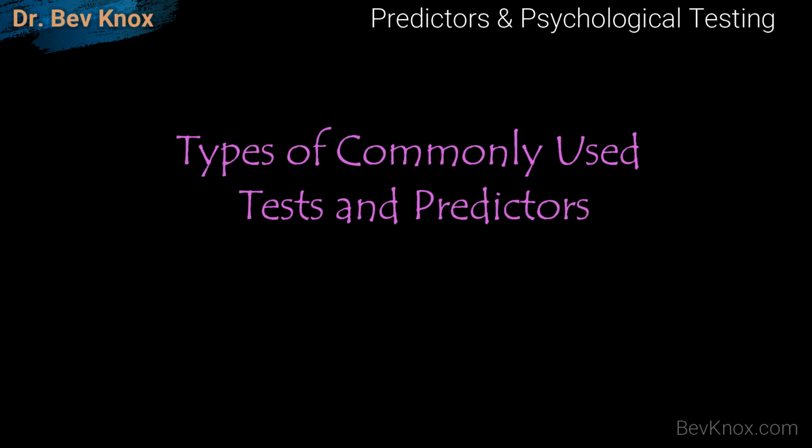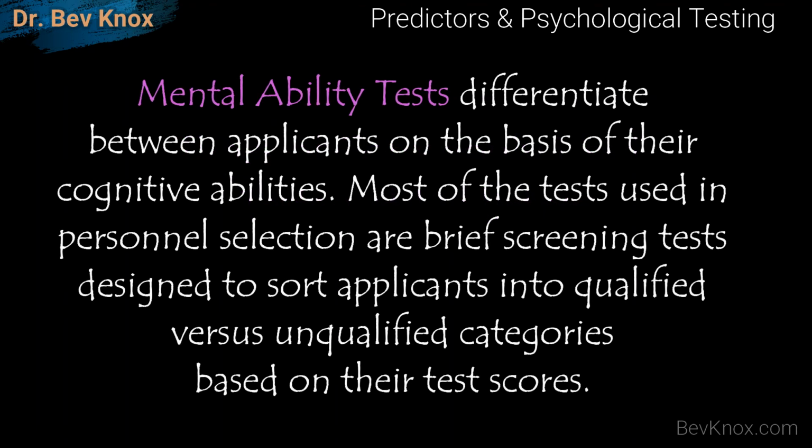Now, let's move on to the types of commonly used tests and predictors. First, we have the mental ability tests. They differentiate between applicants on the basis of their cognitive abilities.